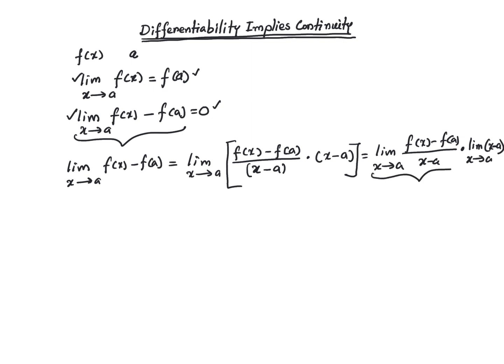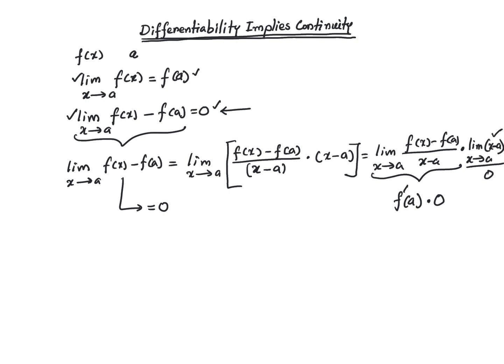But this is nothing but f prime of a, which is some fixed number, right? Times the limit as x approaches a of x minus a. As x gets arbitrarily closer to a, then x minus a approaches 0. And in the limiting case, this becomes 0. So this is going to be 0, which tells me that this is actually equal to 0. This is exactly what we were looking for.